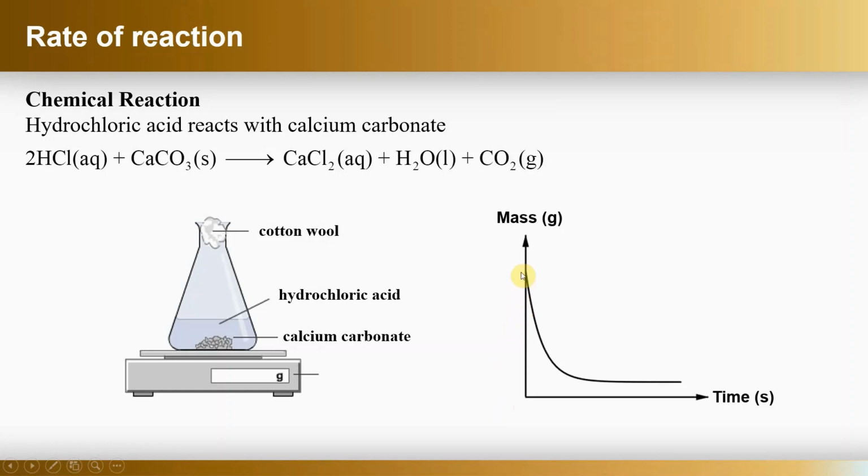At the beginning, the mass reduces drastically and it slows down in the middle, and at the end it stays constant because the reaction is completed at this point. The graph shows this form because calcium carbonate is usually used in excess for a chemical reaction like this. So instead of touching 0, it remains constant above 0.